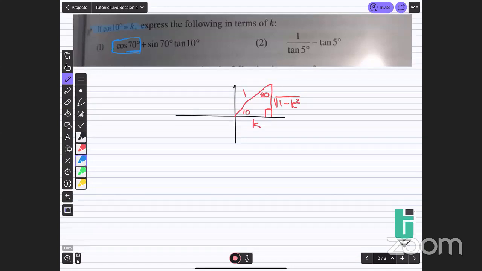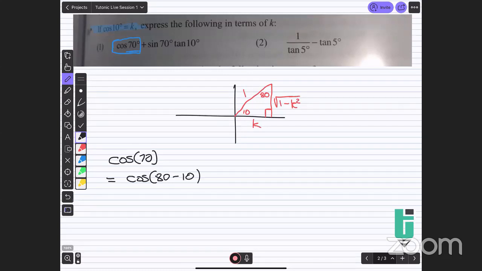80 minus 10. There we go. Do you all see that? So we say cos 70 equals cos of 80 minus 10.